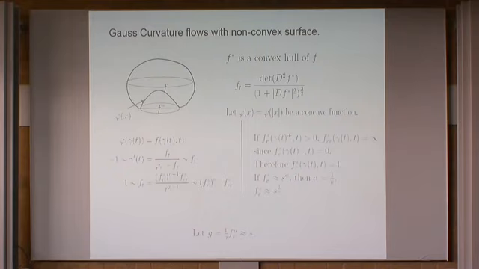Okay. And for the Gauss curvature flow with a non-convex surface, we consider the rotation symmetry case, and there is a concave part. So there is a free boundary interface between this concave part and convex part.